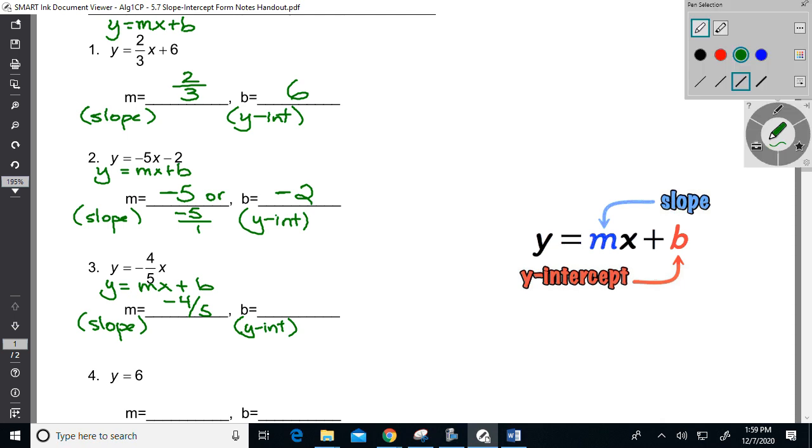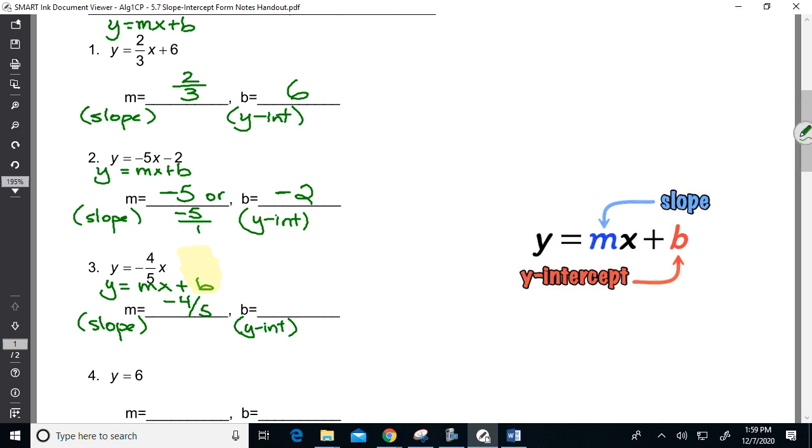Now notice for the y-intercept, there's no number sitting above it. There is no number sitting where B should be located. What do you think the y-intercept is going to be? 0.